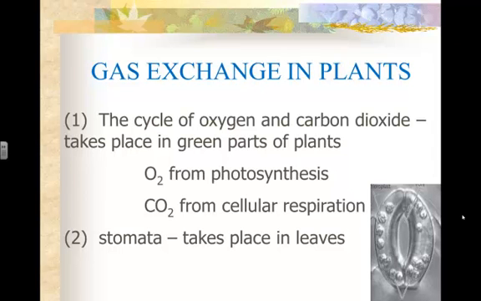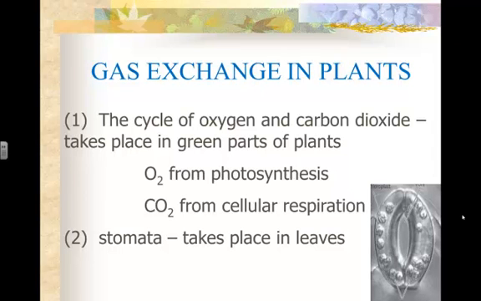Now, you need to know how gases are exchanged in a plant. And it's different parts, different ways. And when you're talking about the root of the plant, we'll get into that later. That's actually number 3, I believe. So the first is, you've got two processes going on in the green cells, the ones that have chloroplasts.